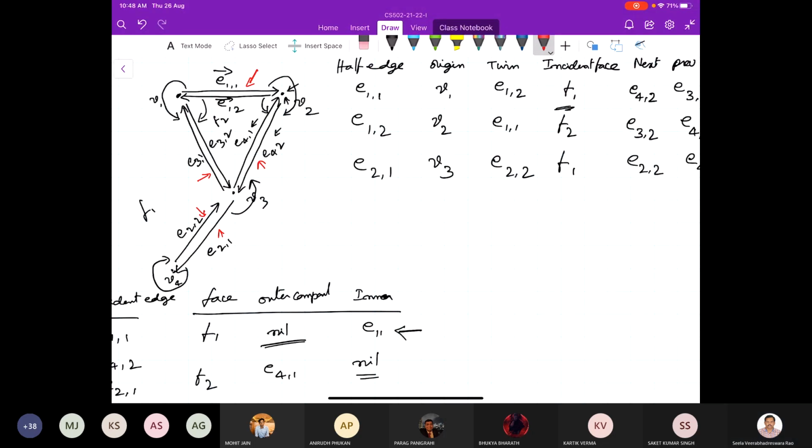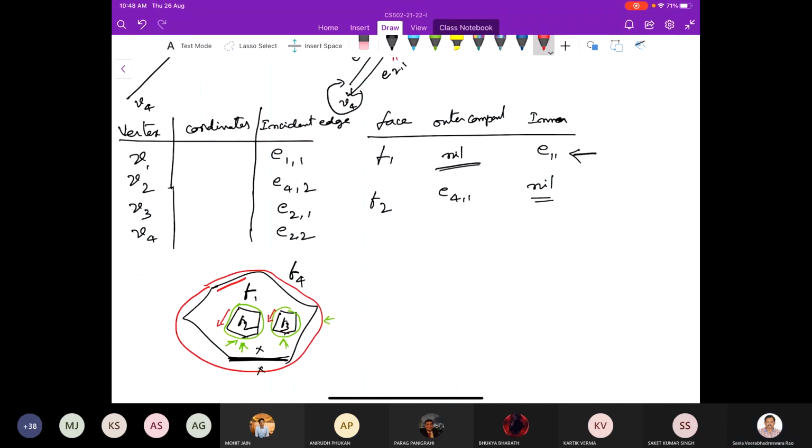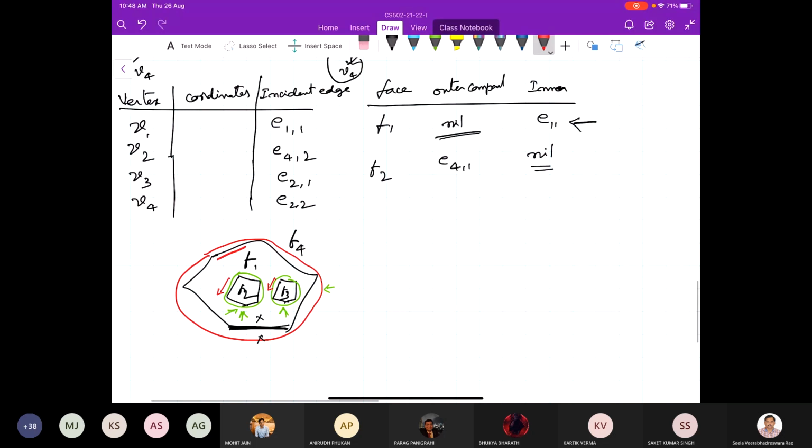Similarly, if you take a very complicated example like this, for F1 there are two inner components, one for this one and another for this one. So there will be one edge corresponding to each of them, two edges in all.